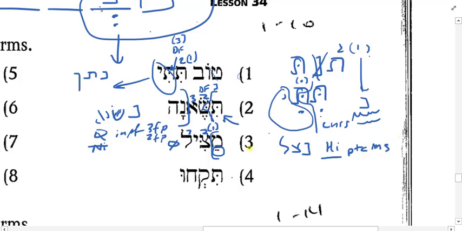So this is following my Hifil participle masculine singular form, for sure. Okay, so how would I translate this participle? Yeah, delivering, because Hifils are active. So I usually want -ing forms, delivering.